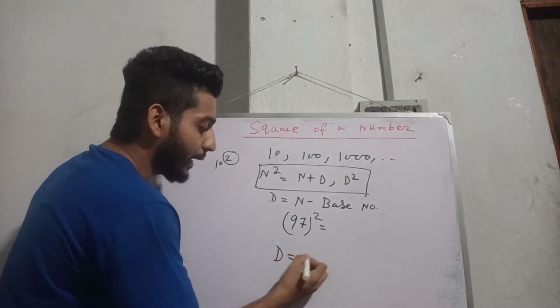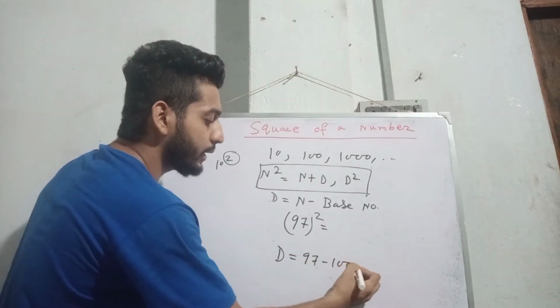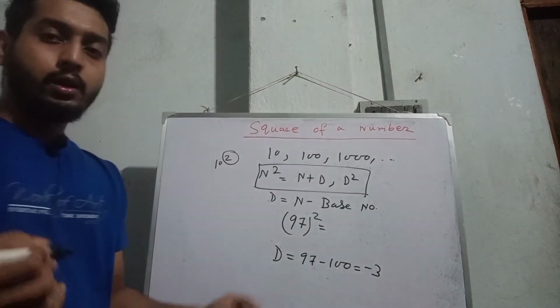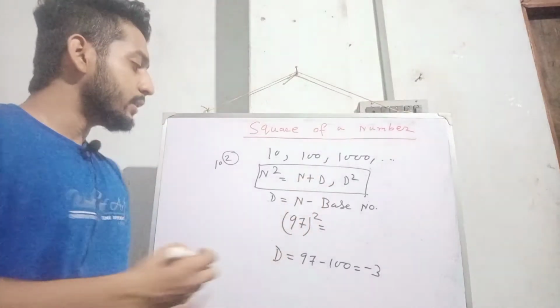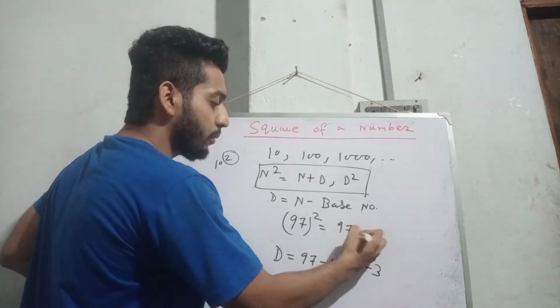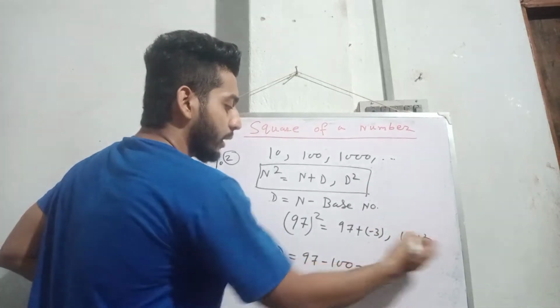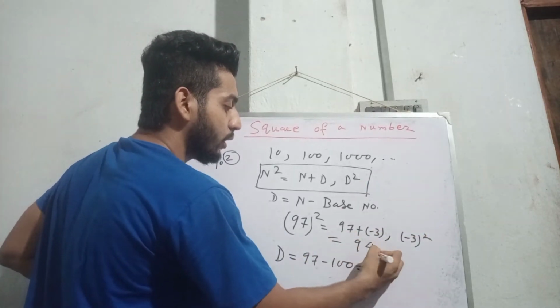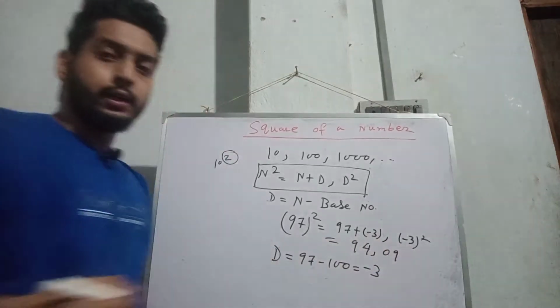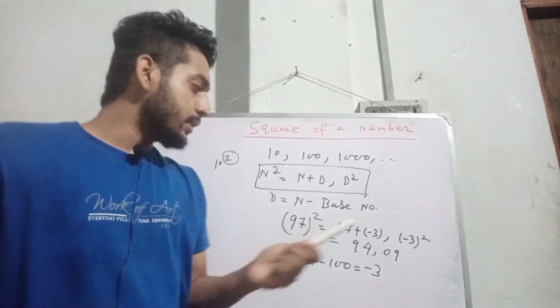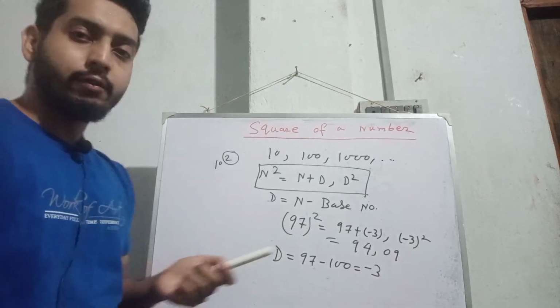D is 97 minus 100, that is minus 3. Now n plus D, that is 97 plus minus 3 comma minus 3 square. So that is 94 comma 09. So 9409 is the square of the number 97.